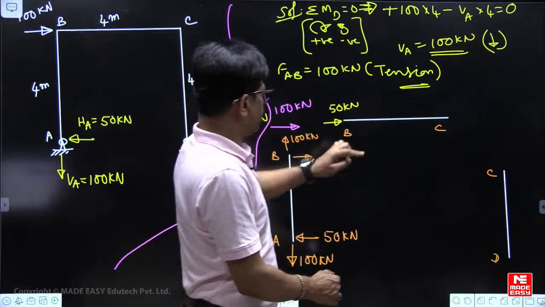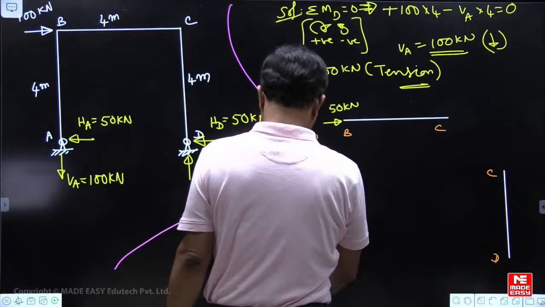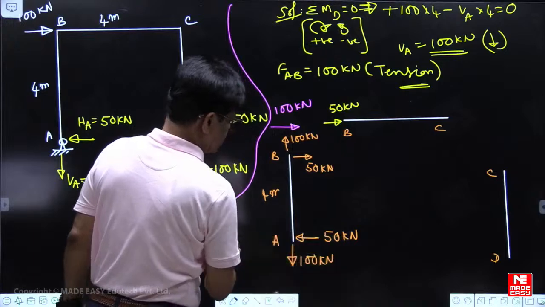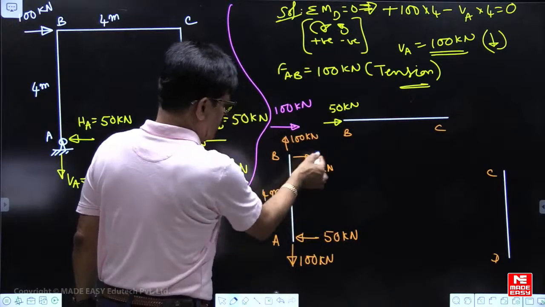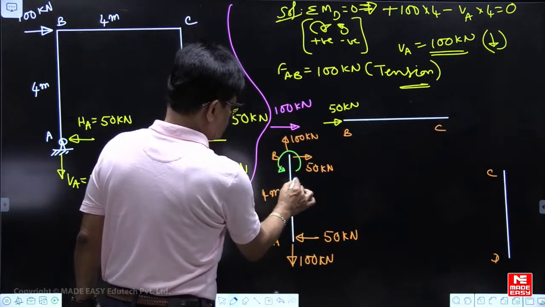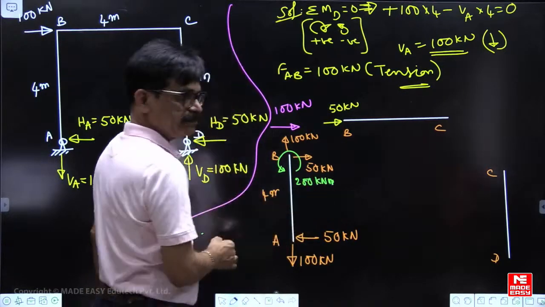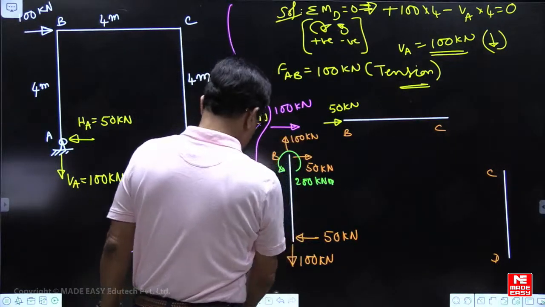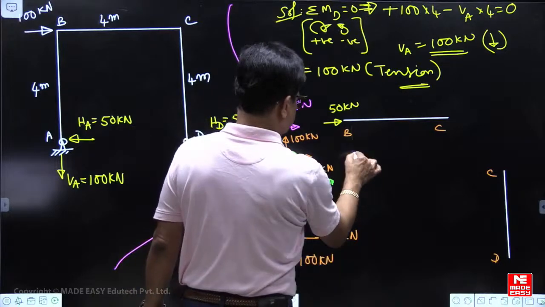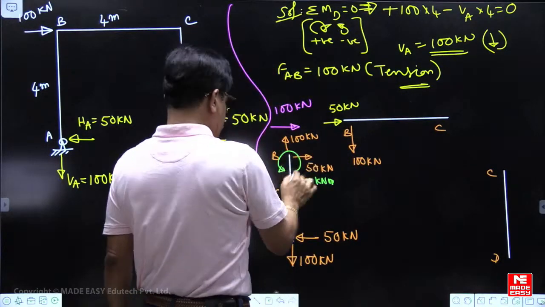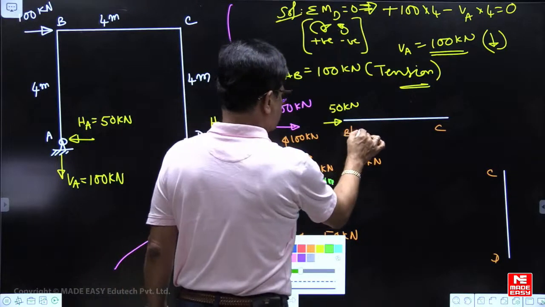Right? 50 right side, this is 50. If you take the moment, 50 into 4, 200 clockwise, so here it should be anti-clockwise 200. Now 100 upward, here 100 downward should be there. Then this is anti-clockwise, here it should be clockwise.